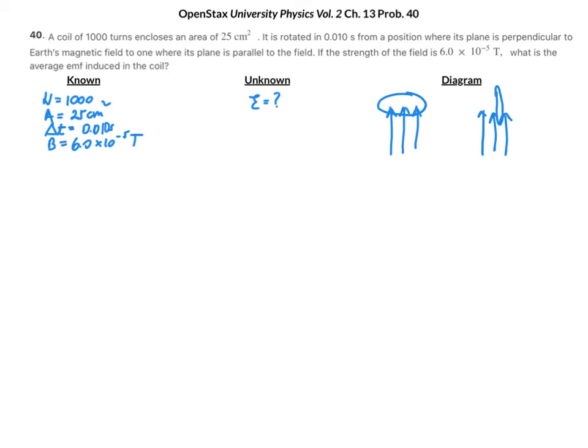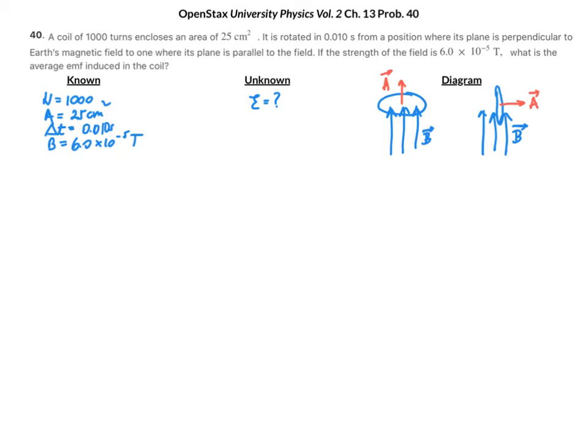So this is hard to see. I'm going to draw the area vector for the coil. So the area vector is this way and this way over here. Remember that the area vector is perpendicular to the area. And this is the magnetic field.